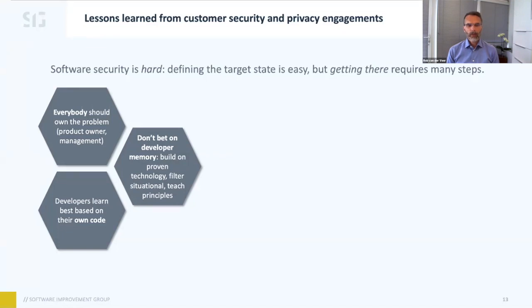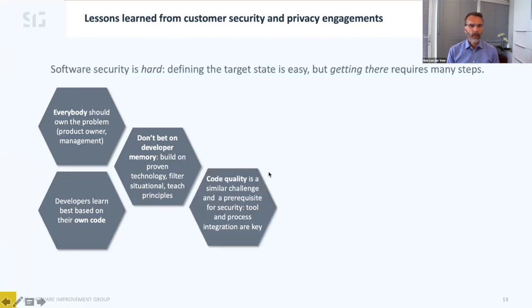It's also important to teach them not on the details and ask them to memorize it. Of course, you can use details to illustrate, but the importance is in getting across the principles to the developers in their training instead of discussing 100 types of detailed security weaknesses and vulnerabilities. So don't bet on developer memory.